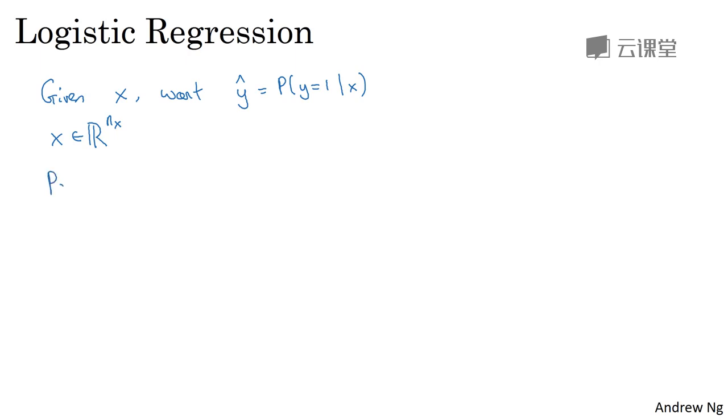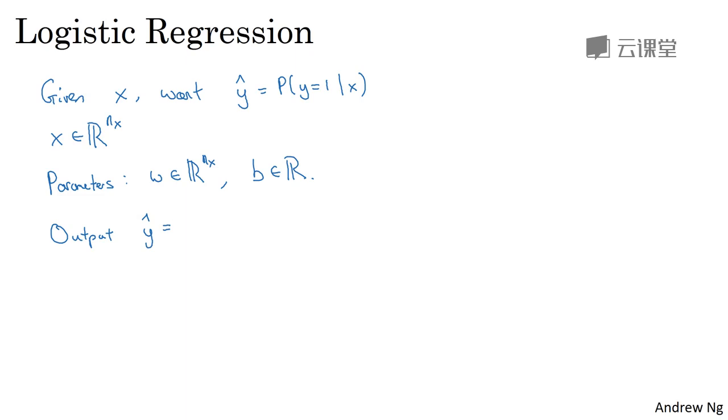Given that, the parameters of logistic regression will be w, which is also an nx-dimensional vector, together with b, which is just a real number.